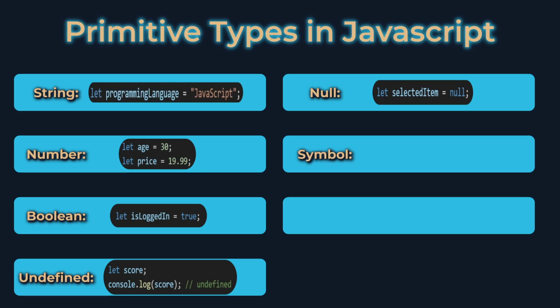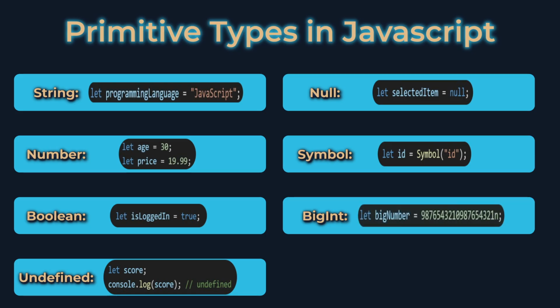Symbol, used for unique identifiers, often with objects. You won't use these much as a beginner, but they're important in more advanced topics. 7. Big int, for very large integers beyond the safe limit of number. Add an n at the end.